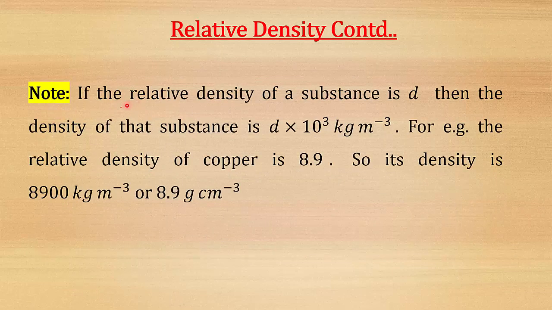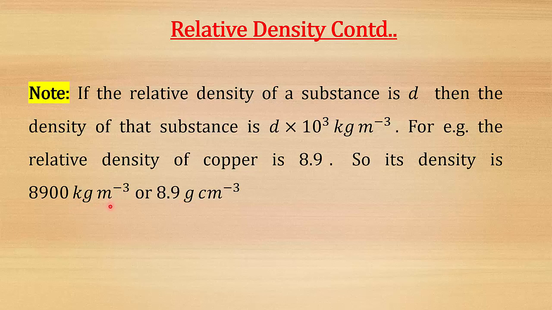Come to the note point: relative density of a substance. Let us take it as D. Density of the substance is D into 10 raised to 3 kg per meter cube. For example, relative density of copper is 8.9, so its density is 8900 kg per meter cube.